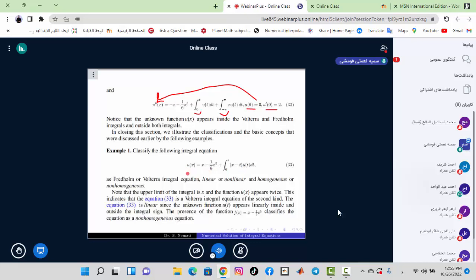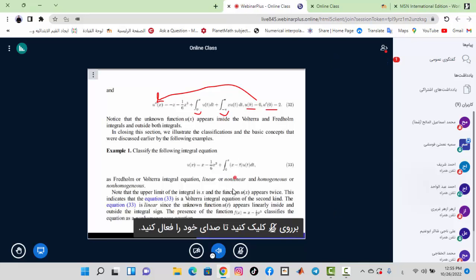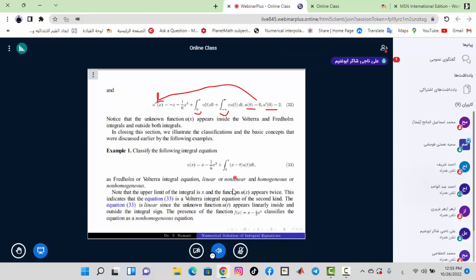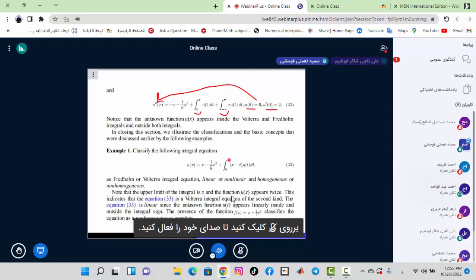For example, for equation number 33, can you tell me if it is Volterra type, Fredholm type, or a mixture of them? It's Volterra, because the upper bound is x. Yes, exactly, the upper bound is variable.